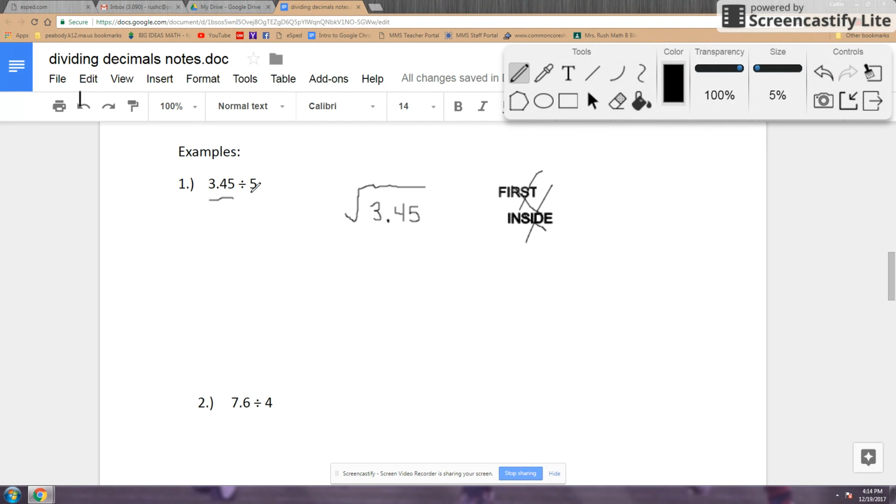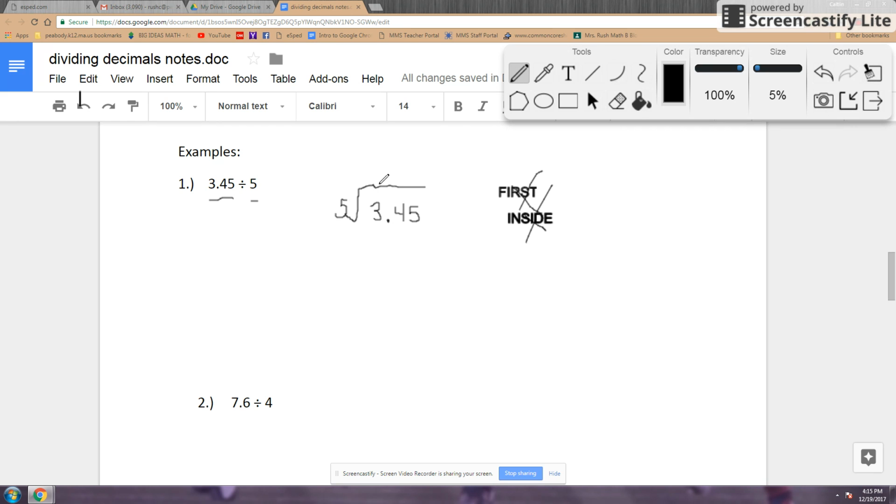Now we're going to put the second number, 5, on the outside of the box, right here. And that number is called the divisor. Normally, I wouldn't have this line touching here. It's just a little hard to draw with the pencil, sorry. All right, now we divide as we would with whole numbers.